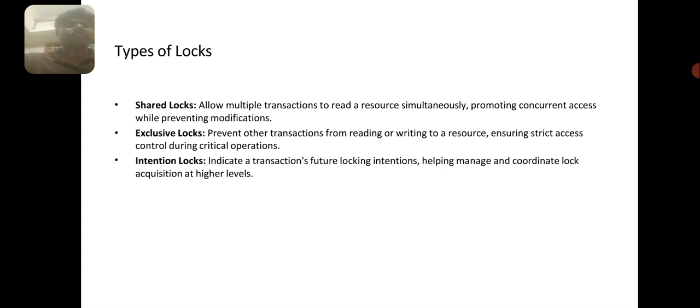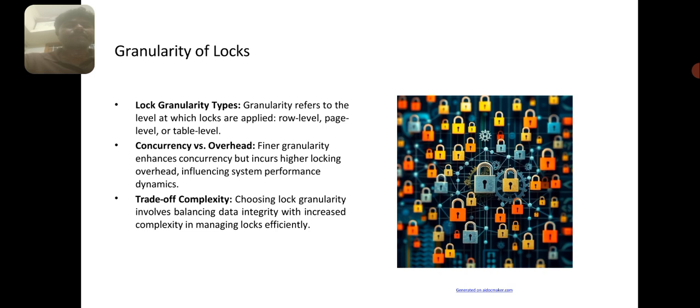The exclusive lock prevents reading and writing of the resource, ensuring strict access control during critical operations. Next is the intention lock. The intention lock signals a transaction's future locking intention, helping manage and coordinate the acquisition of locks at higher levels.